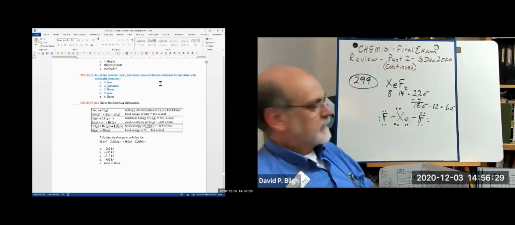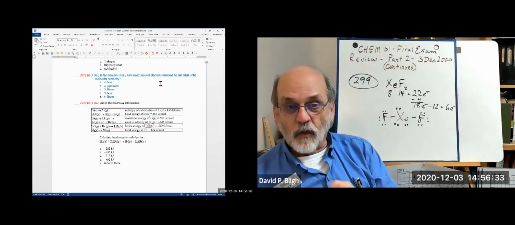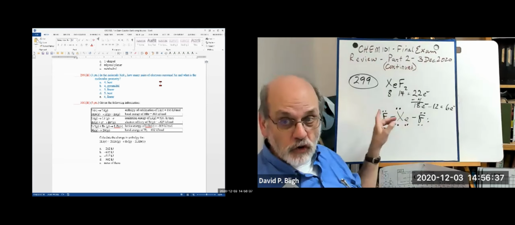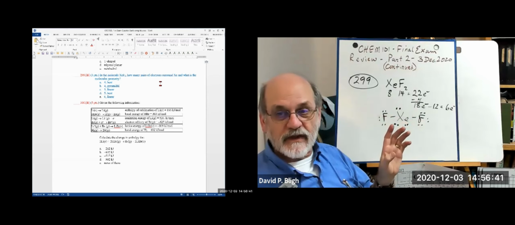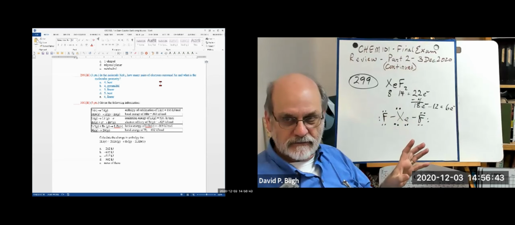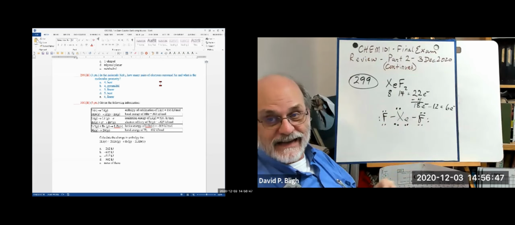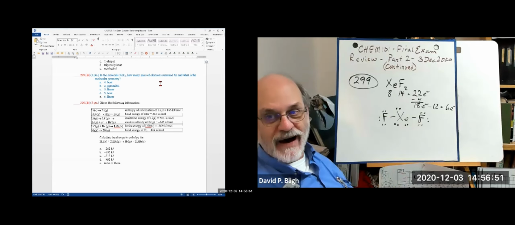So the reason it's saying that is once you know the number of pairs of electrons, electron groups, 1, 2, 3, 4, 5, then you can say something about its structure. So if you have 5, what is the electronic structure here? It's trigonal bipyramid.